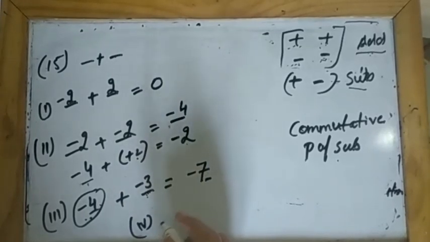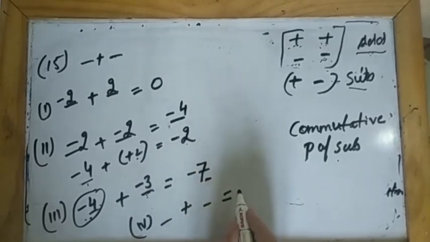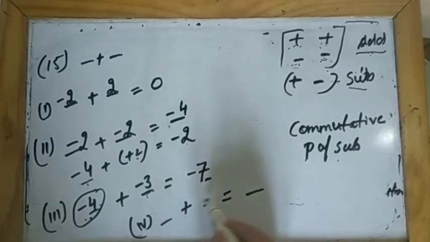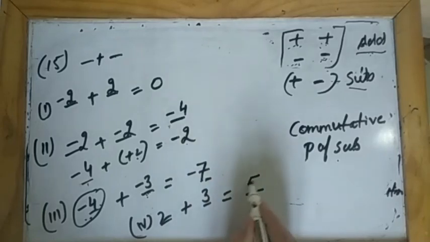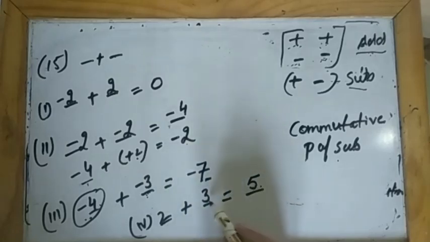Now the fourth says you have to add two integers so that the sum is an integer greater than both the integers. So if I take two positive integers, 2 plus 3 is 5. So this sum is greater than both the integers. 5 is greater than 3 also, and 2 also.